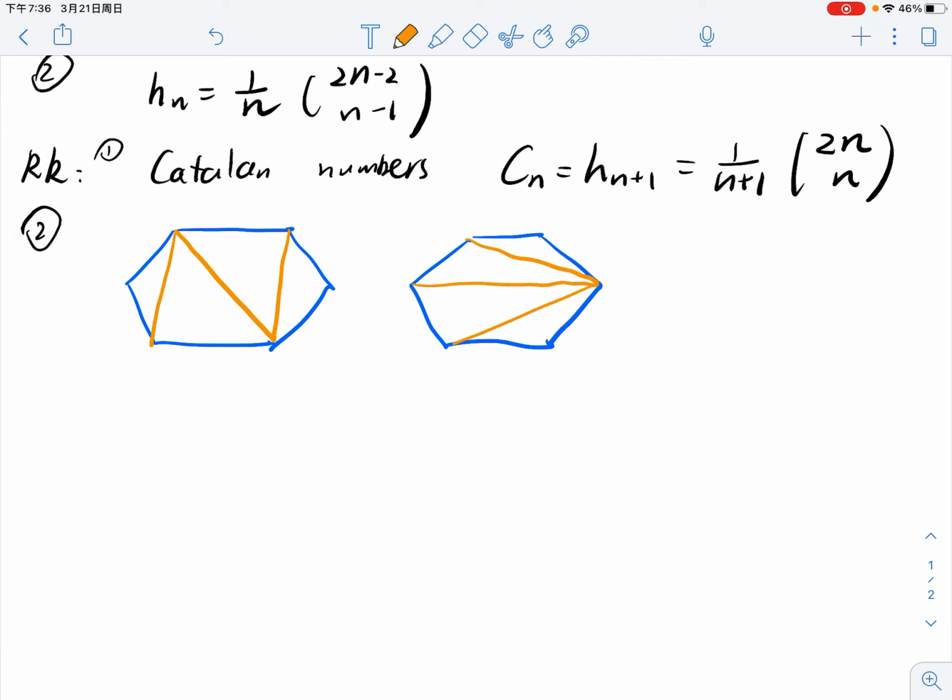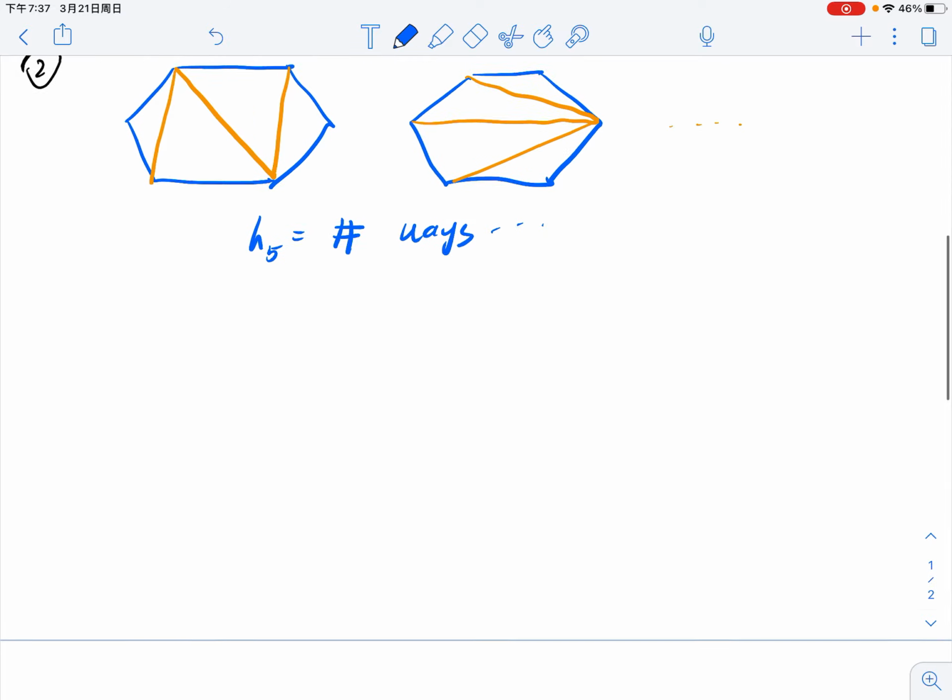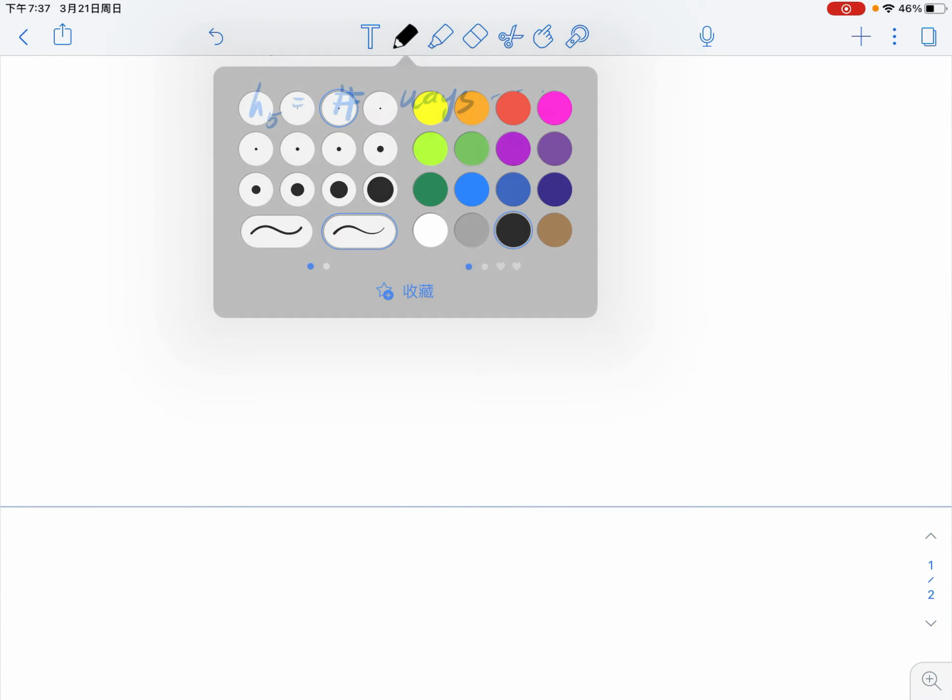Note that we require the diagonals don't intersect in the interior, so you will have finitely many ways to do that. So Hn is actually the number of ways of dividing the polygon. So here H5 counts the ways of dividing the hexagon. Okay, now let's look at the proof.